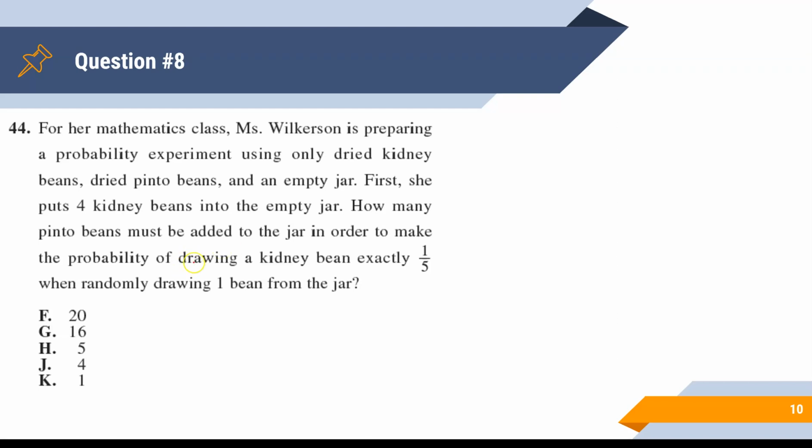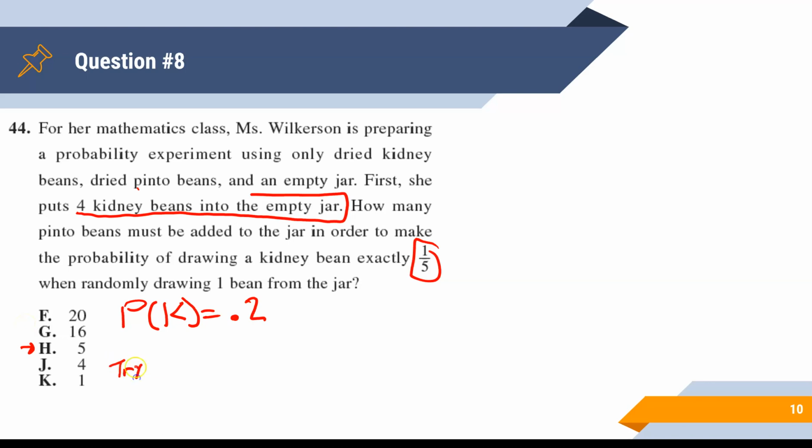So we want the probability of drawing a kidney bean to be exactly 1/5, which is, I believe, 0.2. That's what we're trying to get. And right now we have 4 kidney beans in the jar, and we're adding pinto beans. So I'm going to try adding 5 first. That means the probability of a kidney bean is 4 out of 4 plus 5, right?